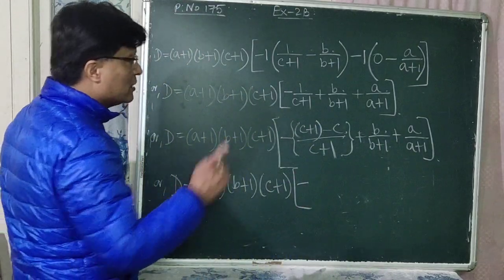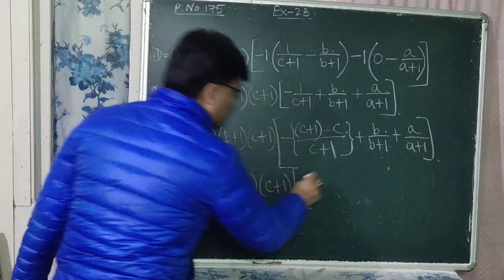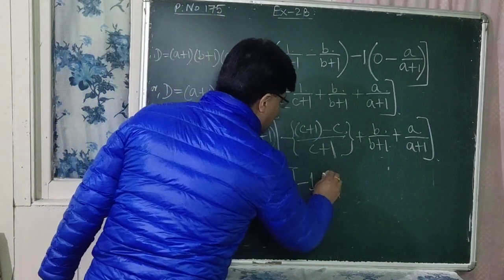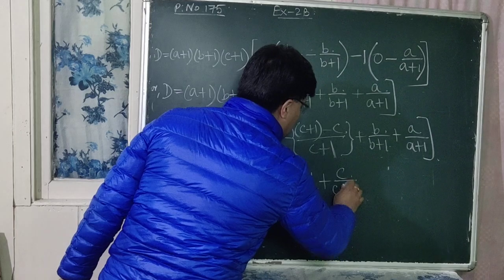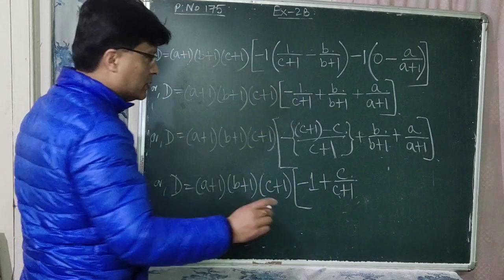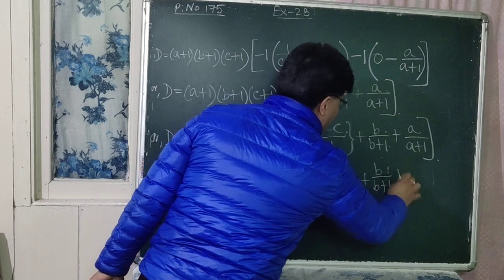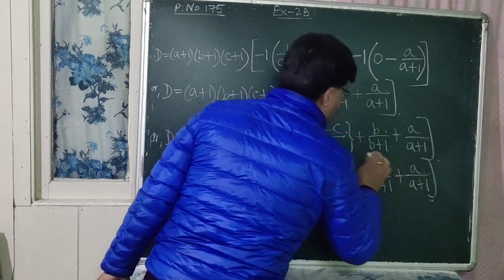Minus, what will you write here? c plus 1 divided by c plus 1. You can cancel them. You should write 1 here. You will get 1. So minus into minus, plus. Then what comes here? c upon c plus 1. Then you write plus b upon b plus 1 plus a upon a plus 1.